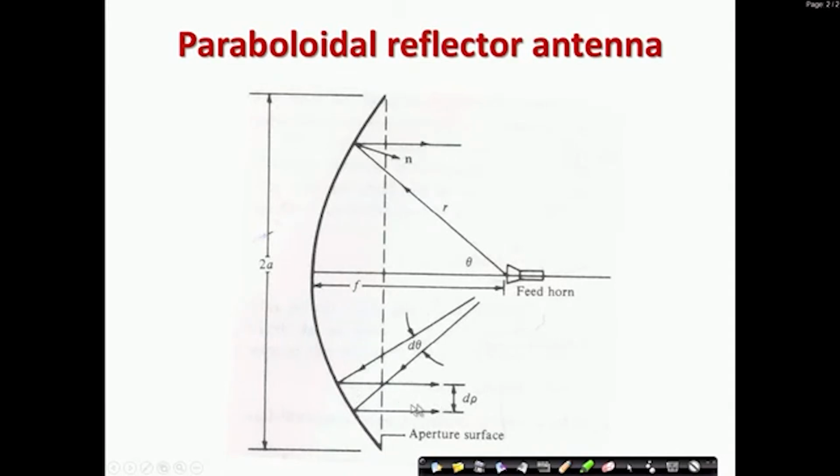Now, while it is reflected, it will occupy a portion. If I call the distance from the center rho, this becomes a cylindrical type of thing.